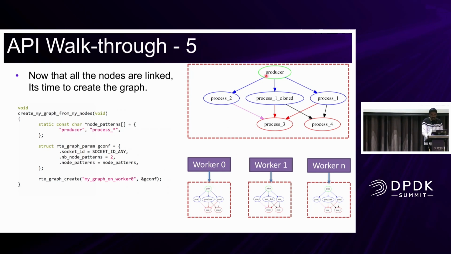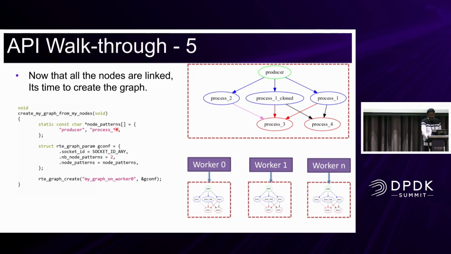First, you give the producer and process star, which is a regex. So all the functions starting with process and producer will form a graph. It's just saying the node patterns are two patterns, and because it's using regex star, you can pull in all the nodes.